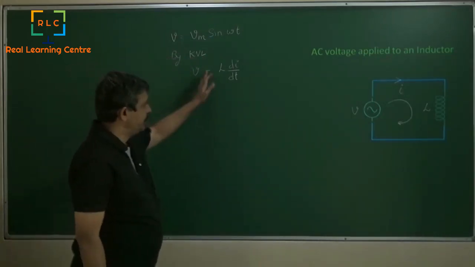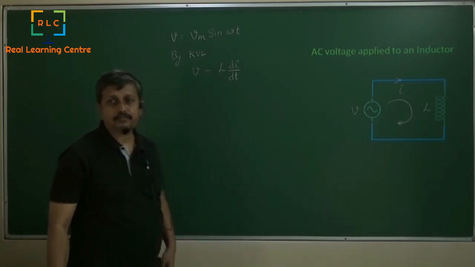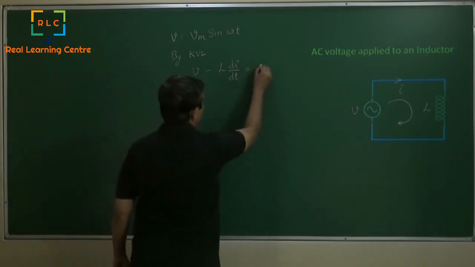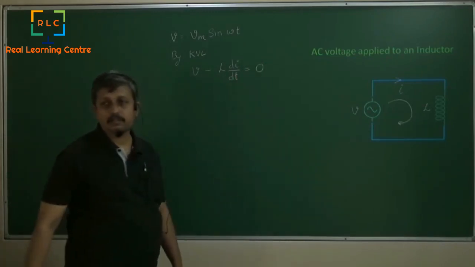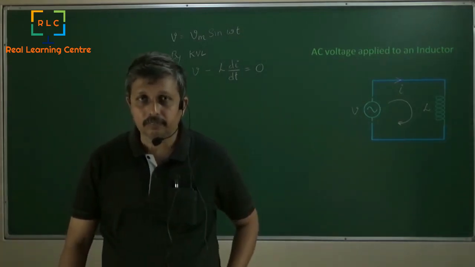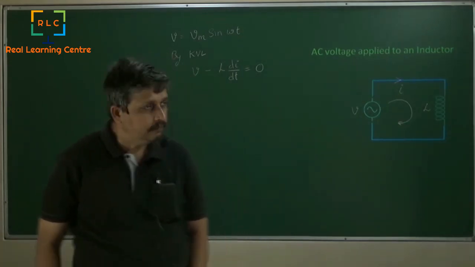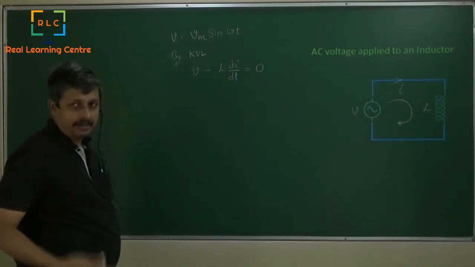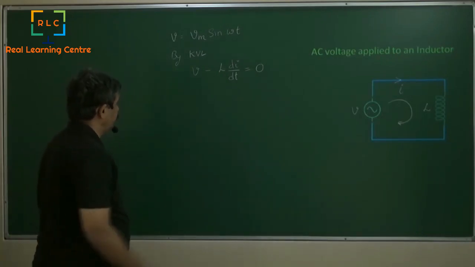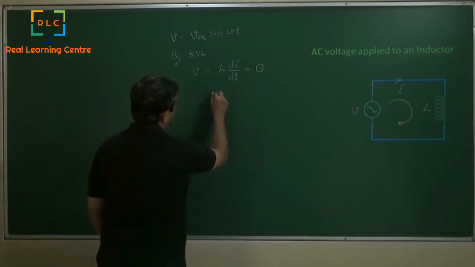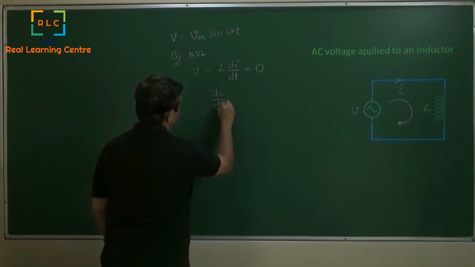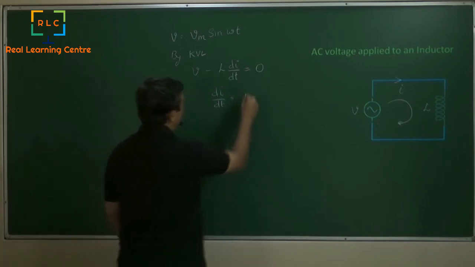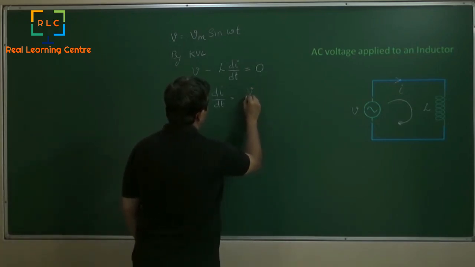The negative sign is because it is in the opposite direction, and this is equal to 0. So we can write this as di by dt is equal to V by L.